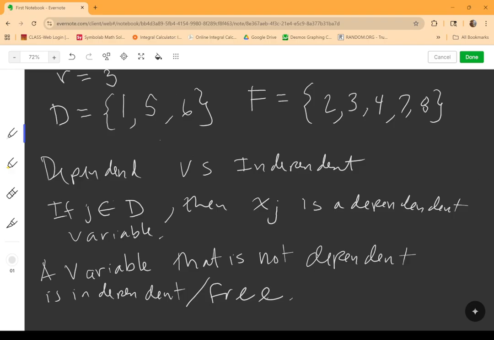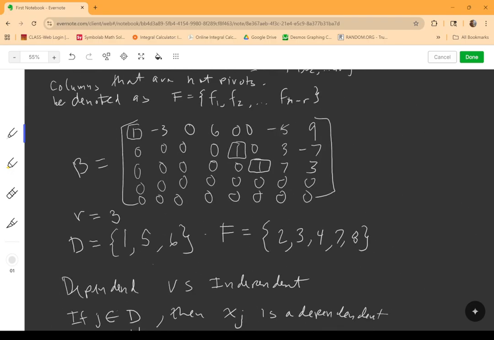So now let's go back here to our augmented matrix that is in reduced row echelon form.